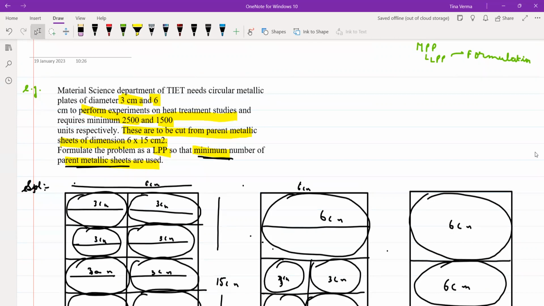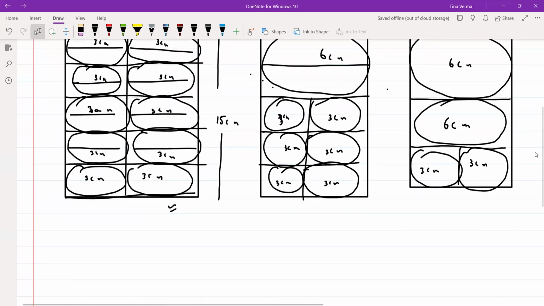Now you have decided pattern कि आप मेटेलिक शीट्स को कितने पैटर्न में कट कर सकते हो.